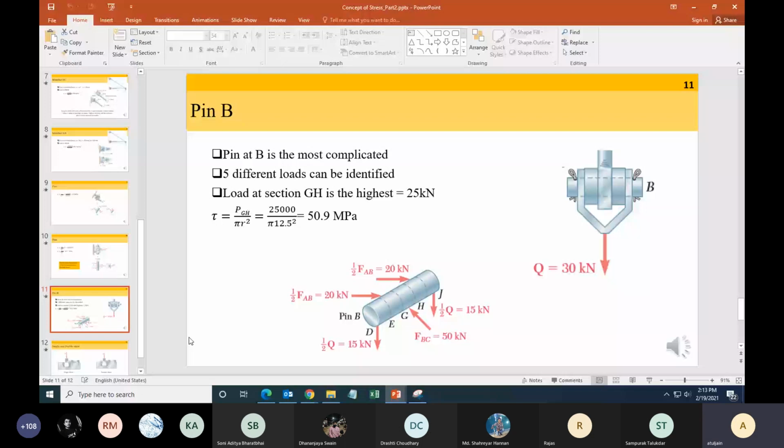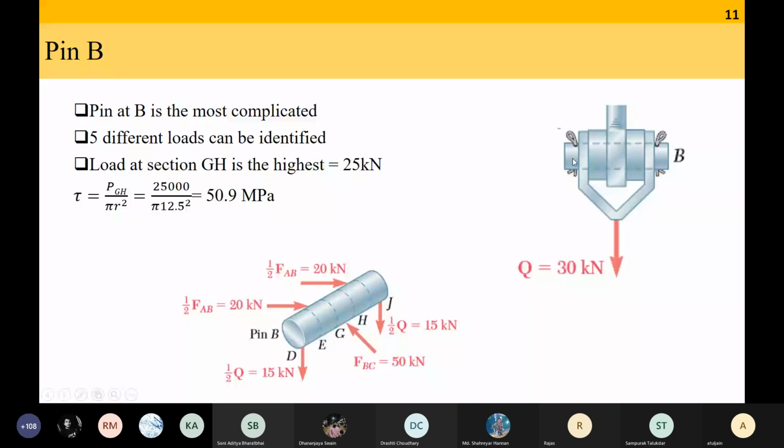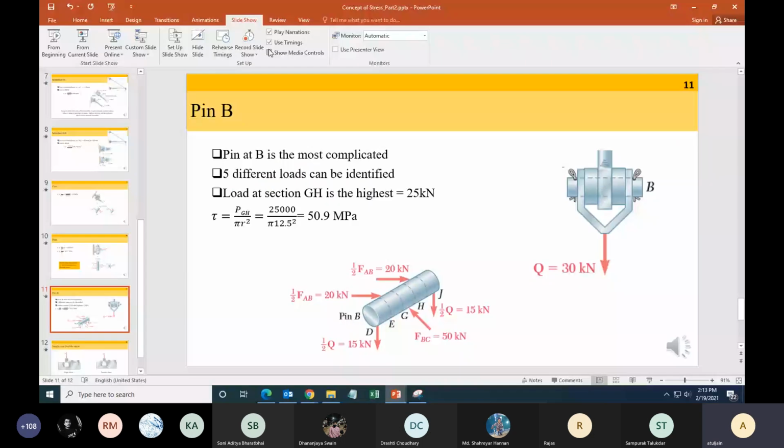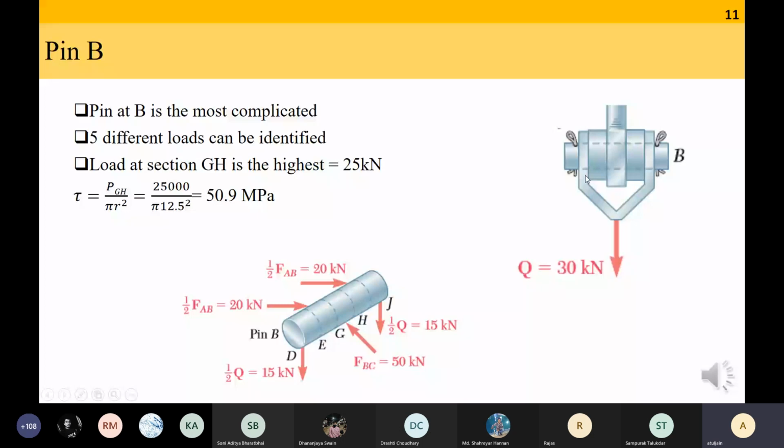We discussed this. So in this, what is happening is this pin at B is connecting together three components. This hook from which load is applied, there are two members, there are two parts from member AB and one from BC.